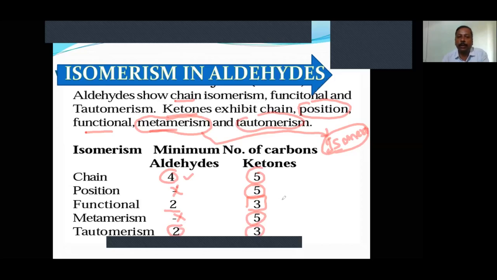Actually, ketone starts with only 3 carbon atoms. You cannot imagine a ketone with fewer than 3 carbons because ketone is non-terminal. One carbon is required here, one carbon here, and the total will always be 3 carbons. Is that clear to all of you? Okay, now let's see the next.